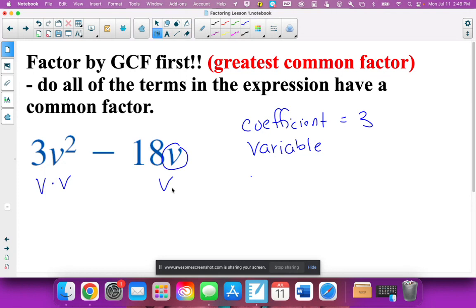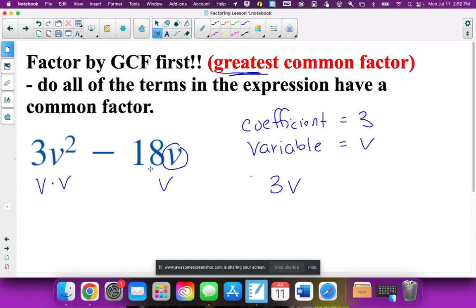So I can take 2 v's out of the first piece, but I can't take 2 v's out of the second piece because I only have 1 v. So the greatest amount of that variable that I can take out of both of them, that's common to both, is 1 v. That's the largest amount that I can take out. So overall, my greatest common factor between these two terms is 3v.